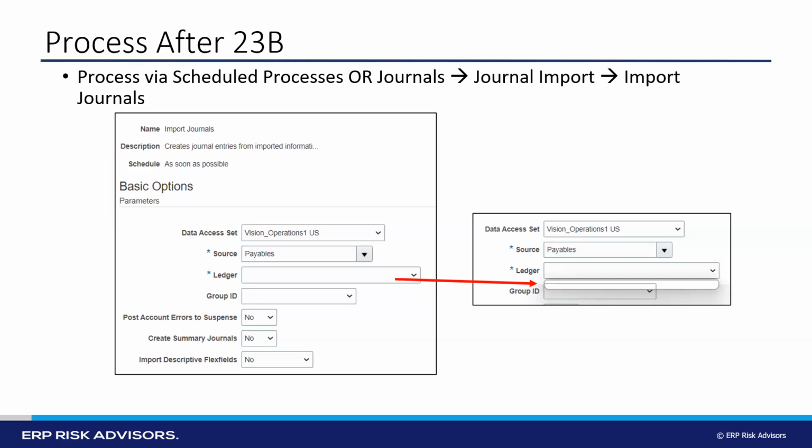This is still going to cause a lot of confusion with the external auditors if they haven't watched this webinar and they haven't really dove deep into this fix, because it's going to seem like they can still do it. But the reality is, I think you have to go through this process and show that they really can't complete the process as a whole. So you can see the red arrow that can be used for the drop down for the ledger, but it won't populate. So this just means the process can't be run, which is a good thing.